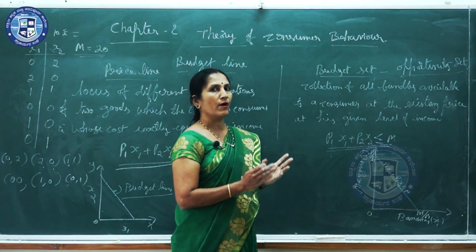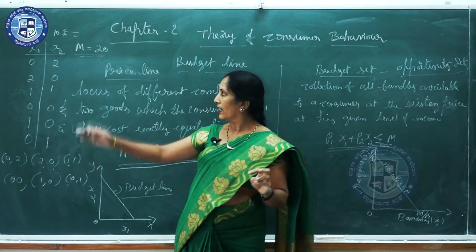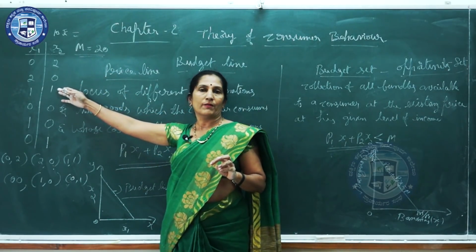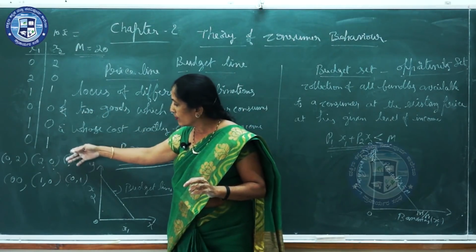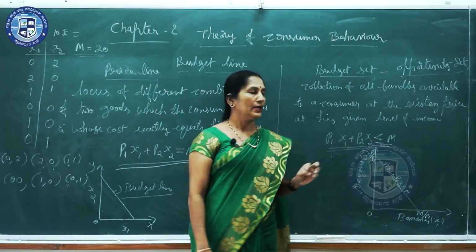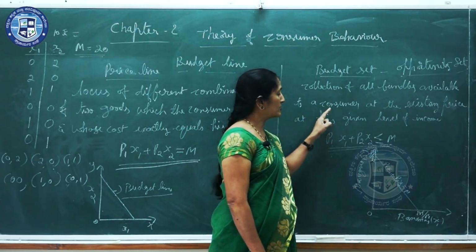All the possible combinations of the two commodities are called the budget set.